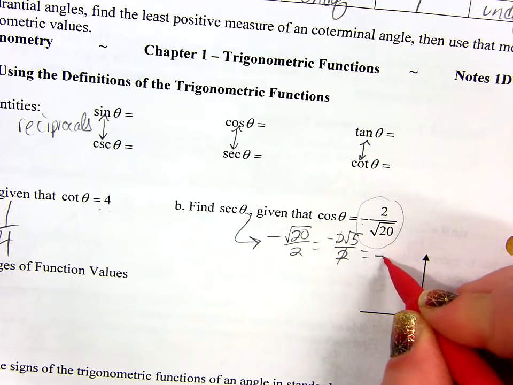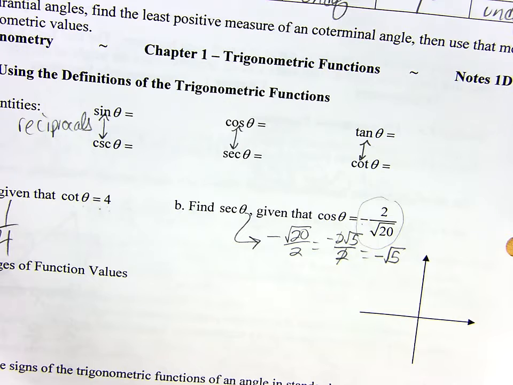So I actually just get negative root 5. Okay, so if I am given a value for one of the trig functions and I'm asked to find one of the other trig functions, if it happens to be one of the reciprocals, I can do it very easily. What happens if it's not? Well, that takes a little bit more work, and we're not quite there yet.